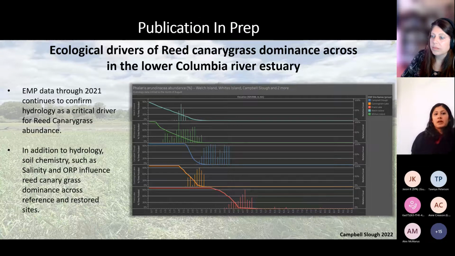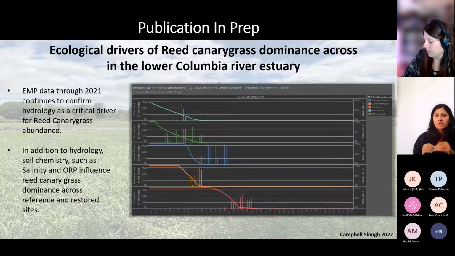Now, the next publication that we'll be working on is going to be looking at the ecological drivers of reed canary grass, as well as other native and non-native vegetation species across the lower Columbia River estuary. From our EMP research and other researchers in the region, we have been able to confirm that site hydrology is a critical driver for reed canary grass abundance.